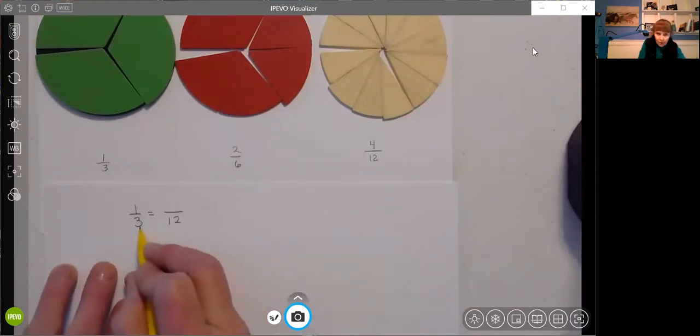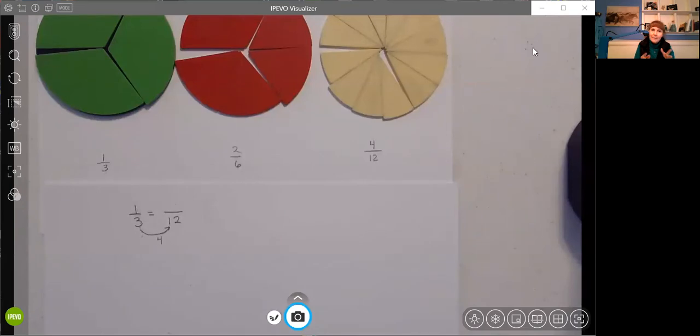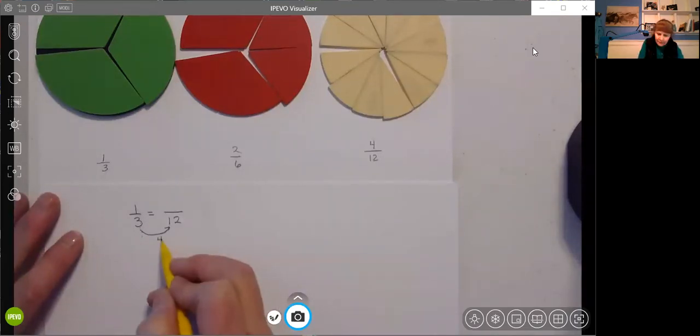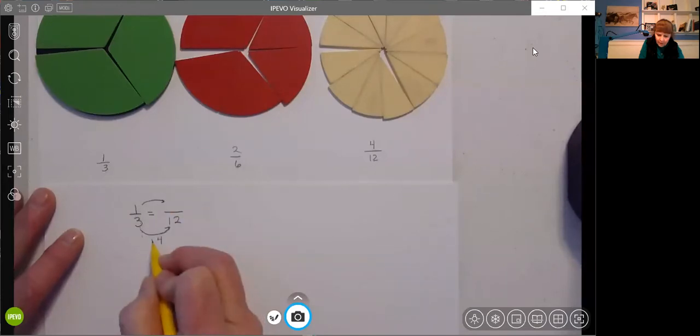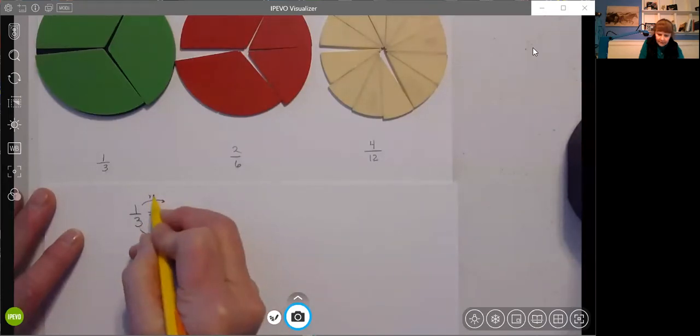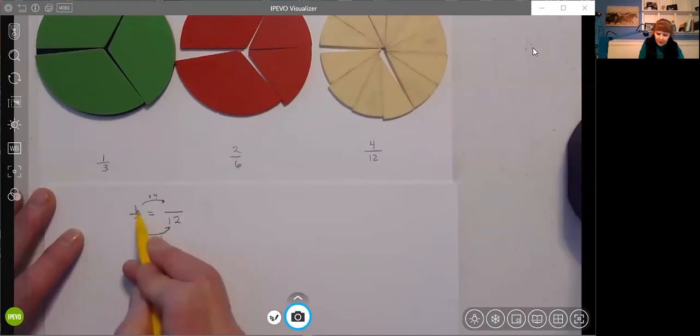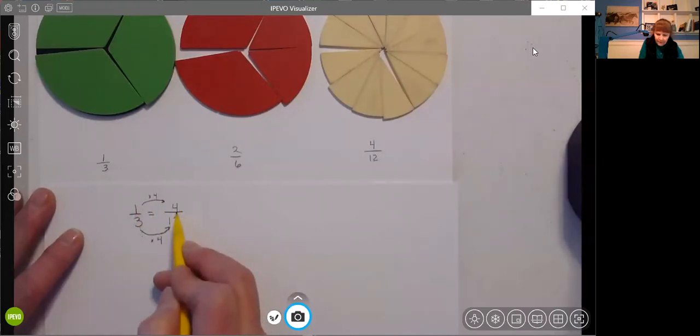So to go from the 3 to the 12, I multiply by 4. That means if you multiply by 4, you're going to multiply by 4. I'll put a times there to go from here to here. 1 times 4 is 4.